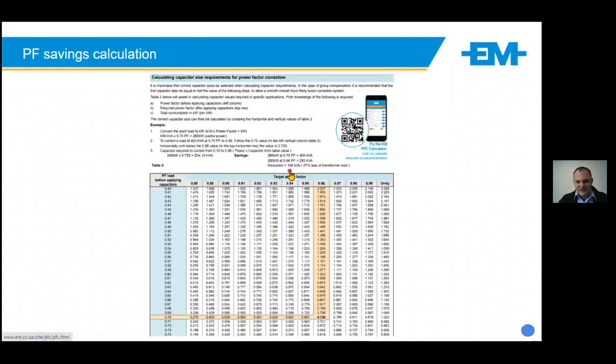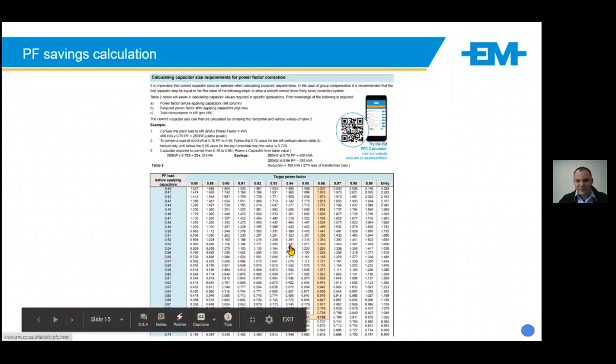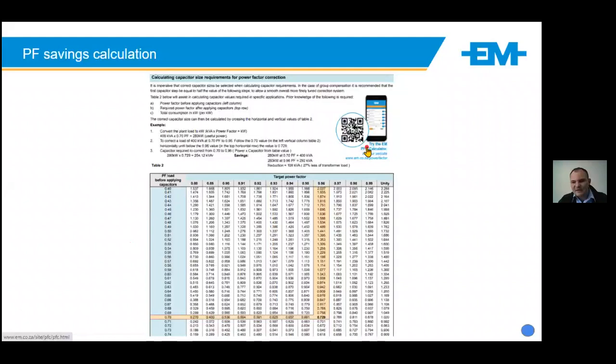What we have done at EM, to simplify for our customers, is that you can do this table if wanted, or you can make your life a lot easier and try our calculator on our website. The end output, the result of this calculator, is the exact kVAR that you would need on the data that you've entered.